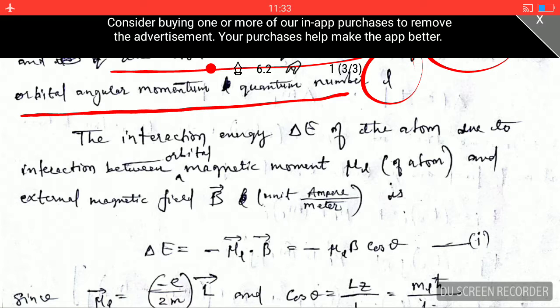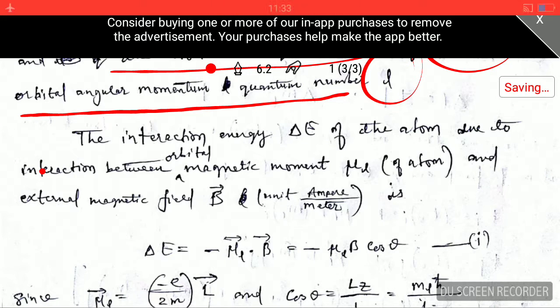Due to that interaction, there comes some potential energy. Let me explain what that is.